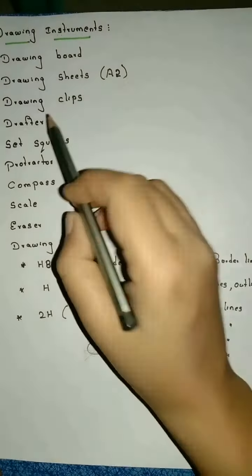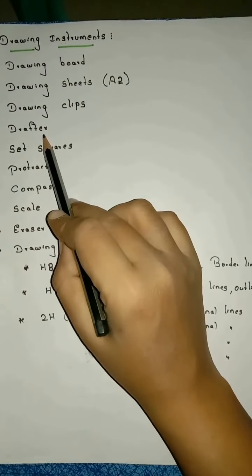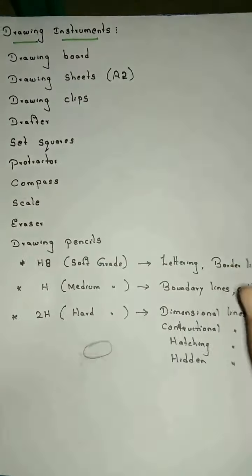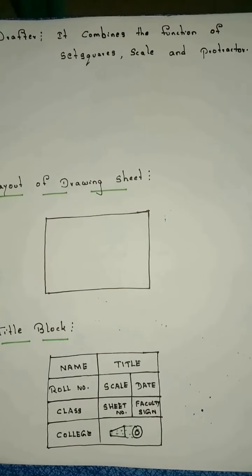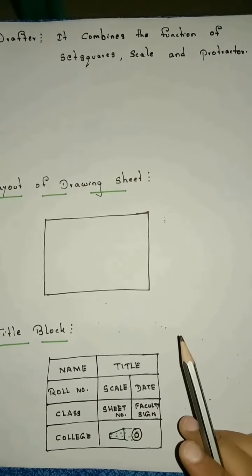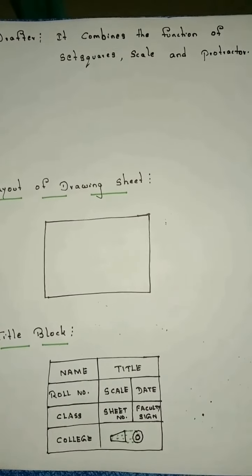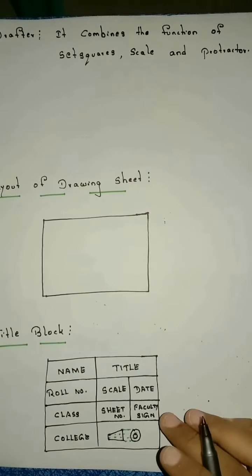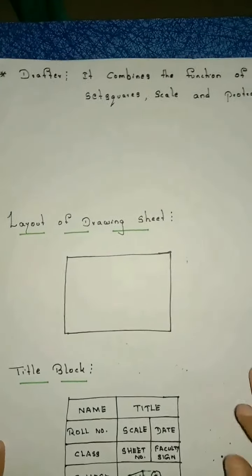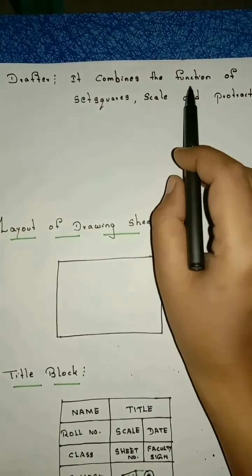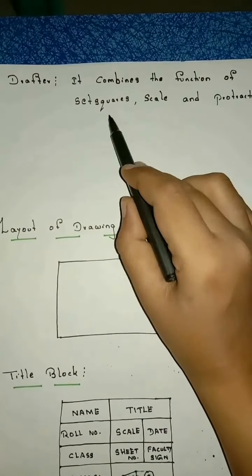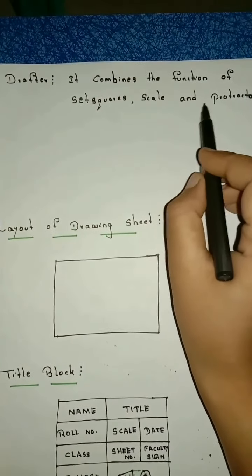And the next one is what I said here, the drafter, right? So the drafter is a very important equipment in engineering graphics. I think you didn't see the drafter, right? See here, the drafter combines the function of set squares, scale and protractor.